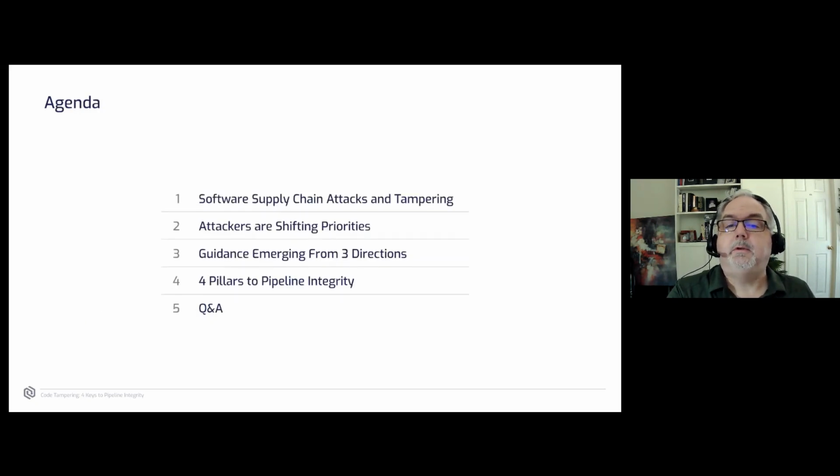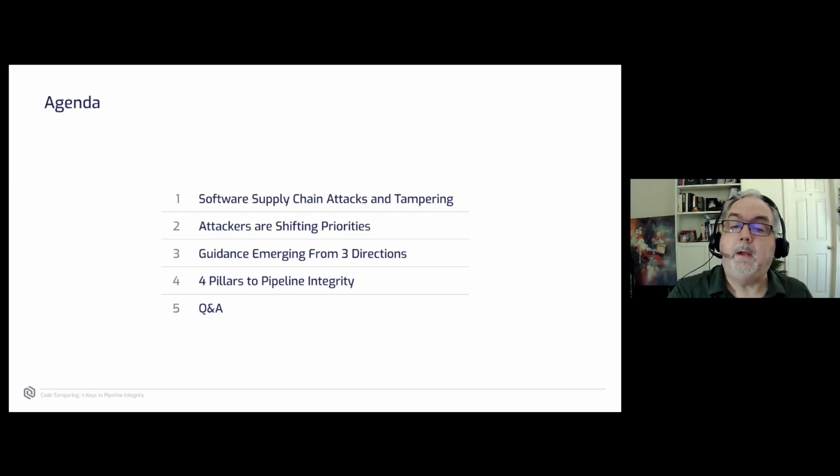Today's presentation is going to start with a brief history of software supply chain attacks and tampering. We'll explore some of the motivations that are leading attackers to shift their priorities. And we'll dig into some emerging guidance from industry analysts, from the US government, as well as Fortune 500 enterprises.